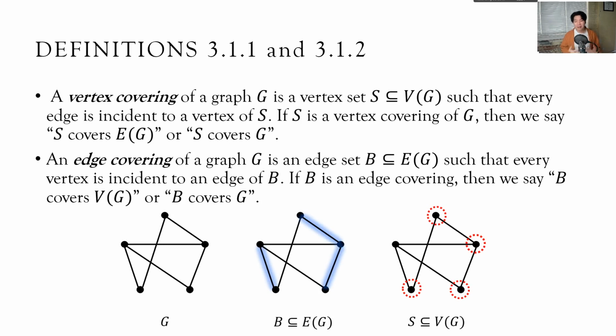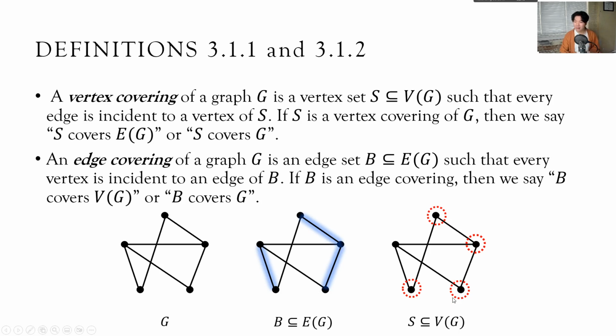Here I have on the far left my graph G. I drew this randomly. In the middle, notice I've highlighted these edges: this one on the far left, this one on the top right, and this one sort of on the bottom right as well. I claim that this is an edge covering. I selected a group of edges, and every vertex in this graph is incident to one of my edges. We can verify that very quickly. If I look at each of my 5 vertices, it's incident to one of my highlighted edges.